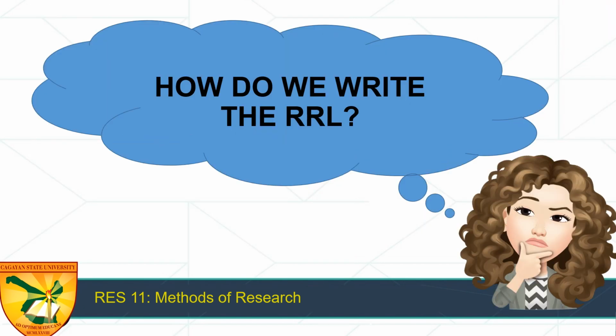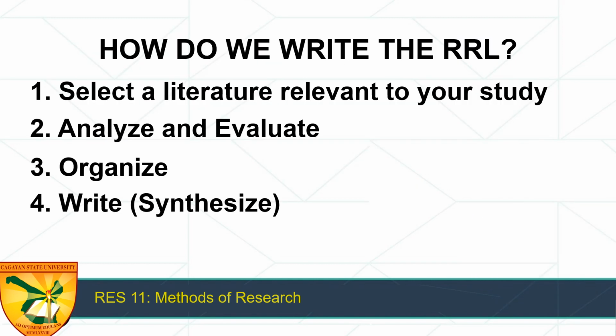So now that we know what RRL is and the importance of RRL, we are ready to learn how to write the RRL. There are only 4 simple steps in writing your review of related literature. You select, you analyze and critically evaluate, you organize, and then you write or synthesize.